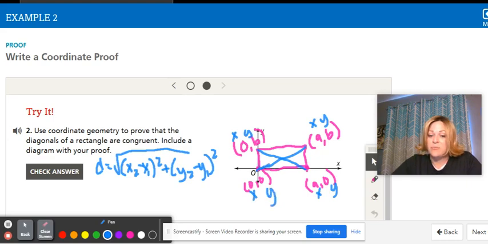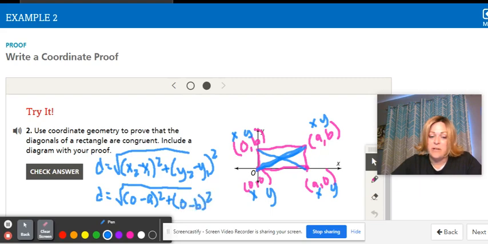So to find the distance right here, we'll do this side to side diagonal. I'm trying to make it thicker. My first x value, I'll use this for the first point, is 0 minus a, squared. My y values are 0 minus b, squared.